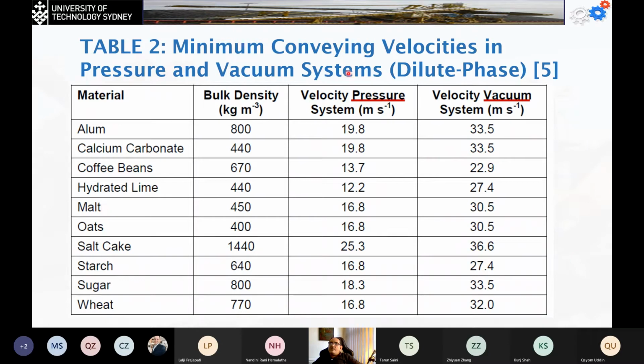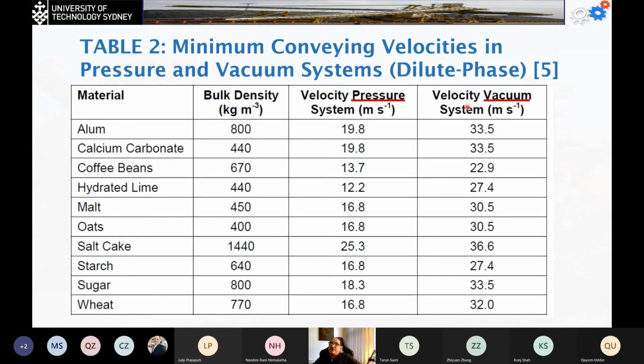Now, the minimum conveying velocities in the pressure and vacuum system, or what we call dilute phase, are as follows. For alumina, the bulk density known for this material, as an average value, is 800 kilograms per cubic meter. The velocity required for the pressure system is going to be 19.8 meters per second.